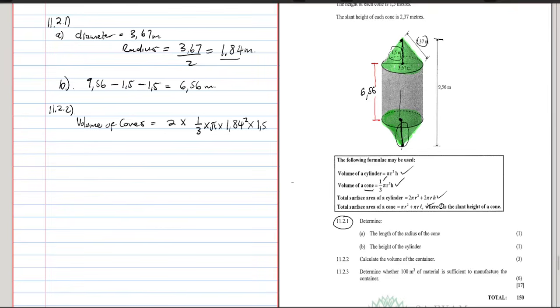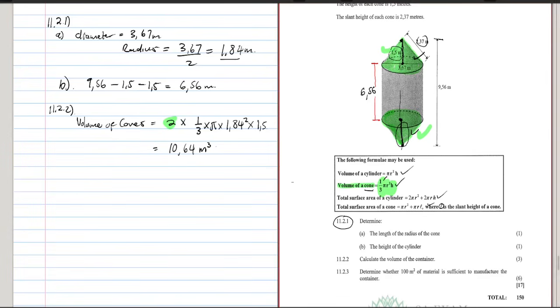I have to multiply by 2 because there's 1, 2. They are identical, just a quick reminder there. So 2 multiplied by 1/3 pi multiplied by 1.84 squared multiplied by 1.5. The answer is 10.64 meters cubed.